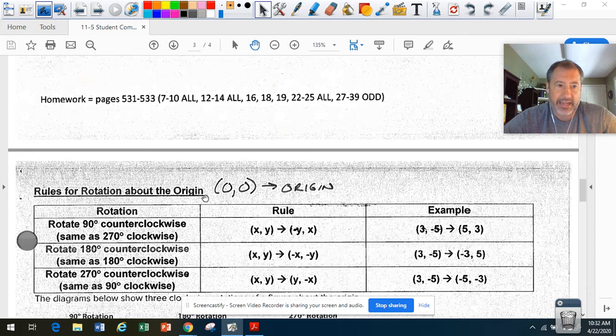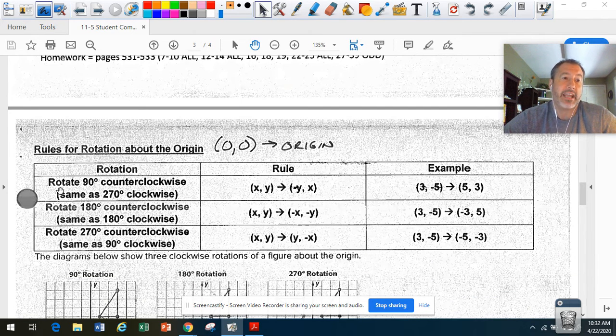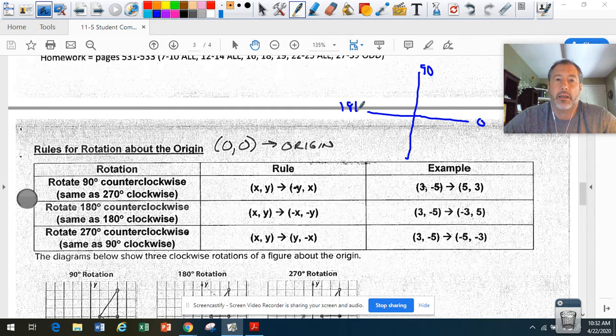If we are rotating things around the origin, if I rotate an object 90 degrees counterclockwise, let me just draw a coordinate plane here really quick. Here is my 0 point. Think this is my 90, and go from there. This is my 180, and this here is my 270. Now remember, this is all going counterclockwise.